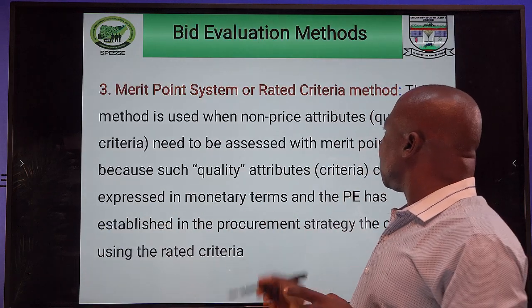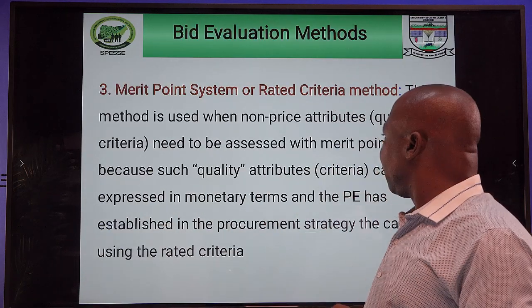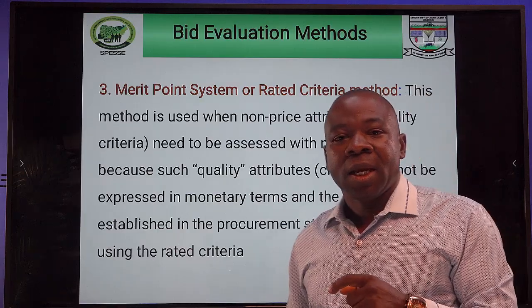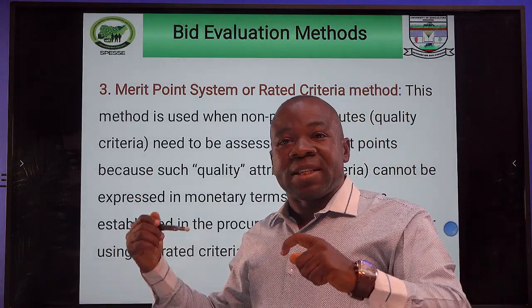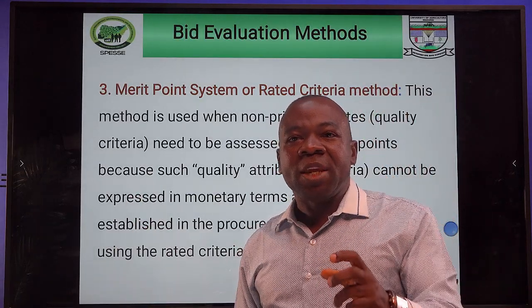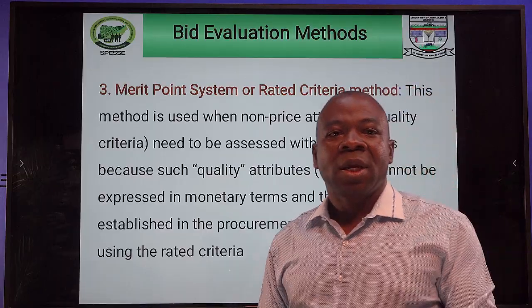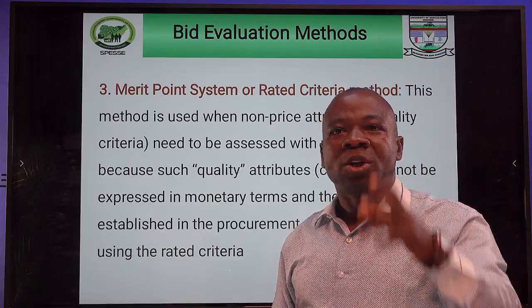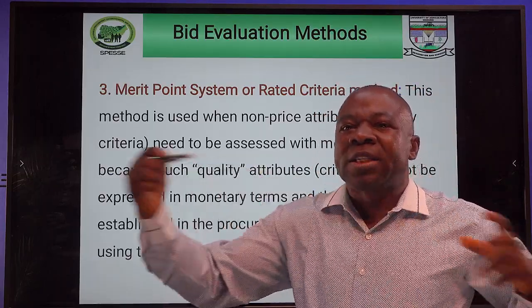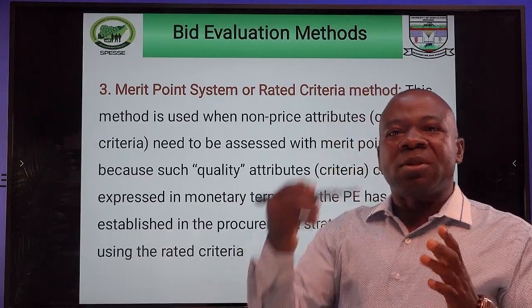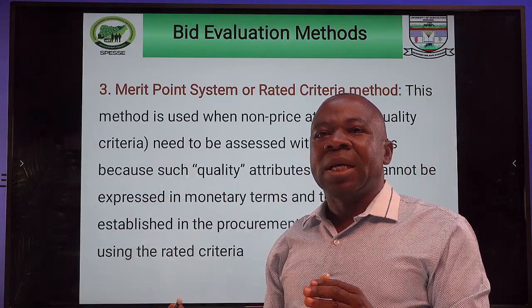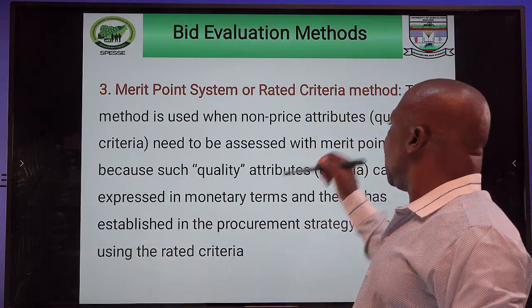The merit point system, which is also known as rated criteria. Here, the emphasis is on quality. If the service, the works, or the goods to be provided, you are looking at the quality now. It's not just to meet a minimum standard. You are looking at quality.